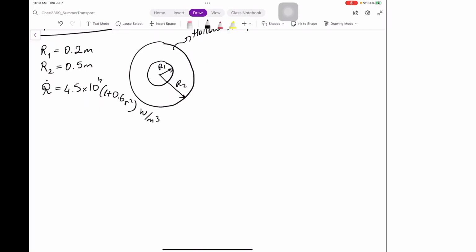The inner surface of the sphere is subject to a uniform heat flux, let's call it Q1. Q1 is equal to 15,000 watts per meter squared. Okay.